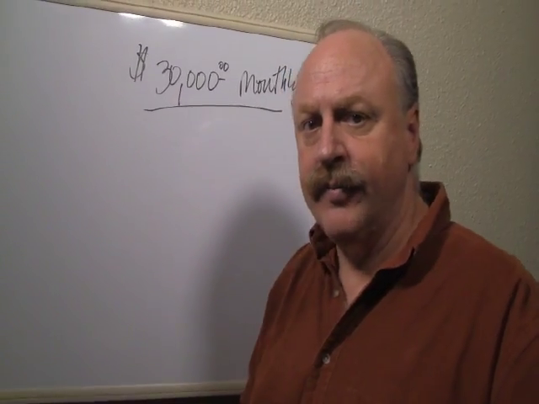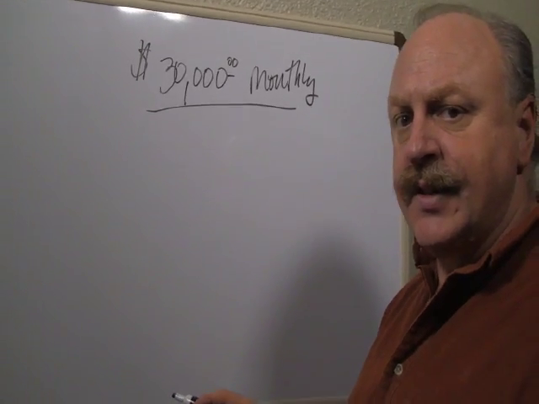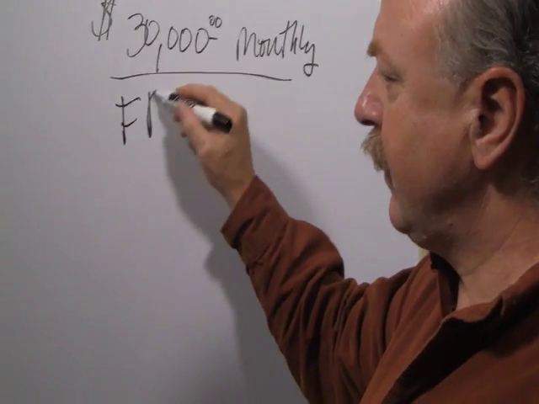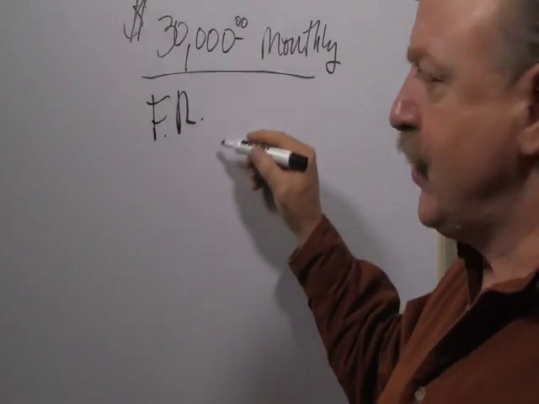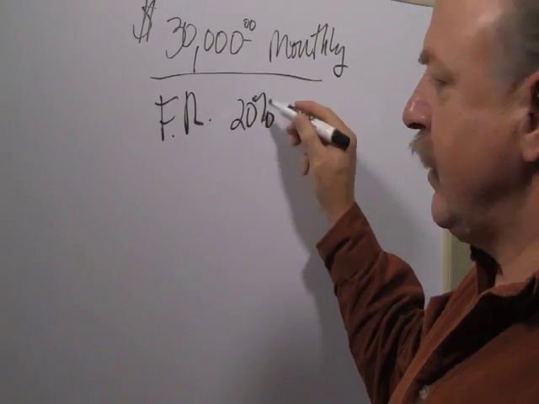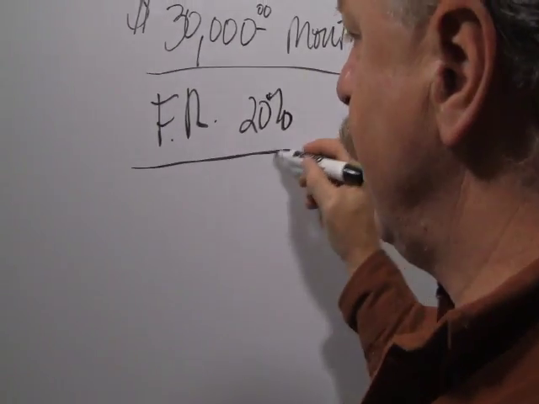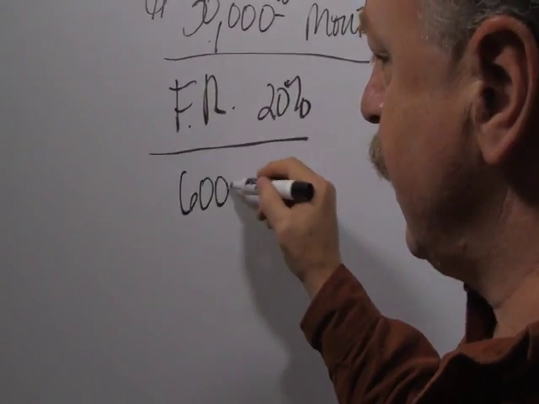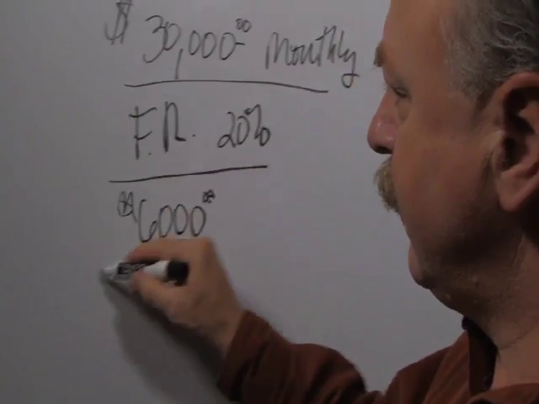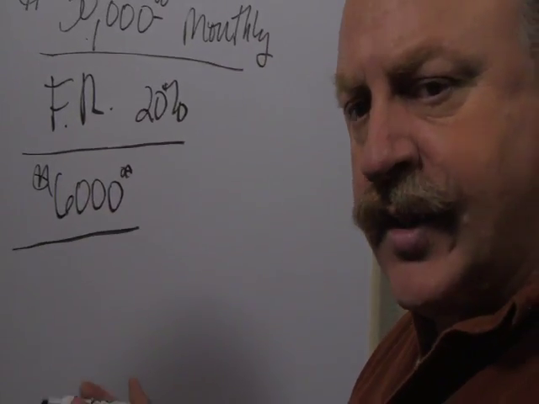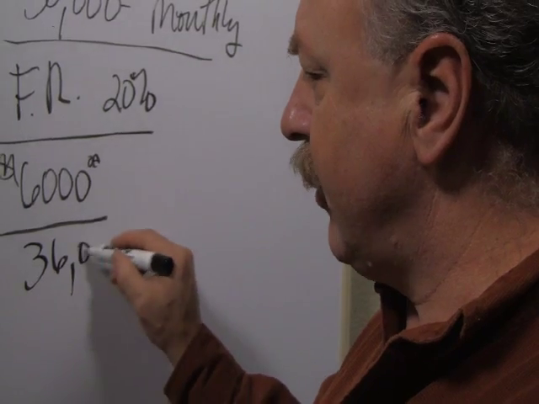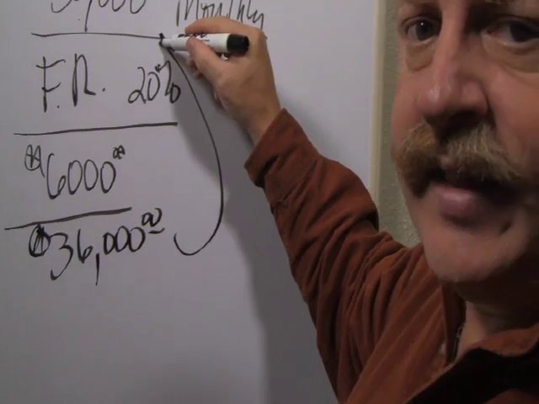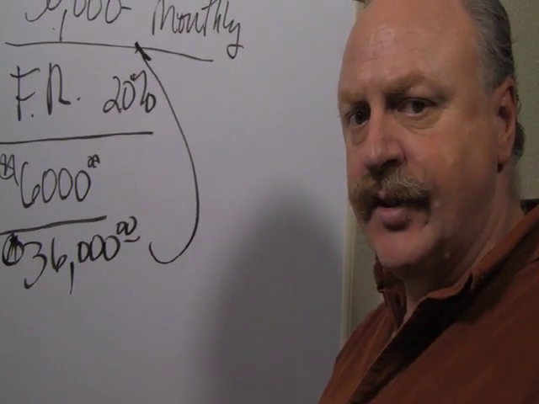This business is going to have a factor rate of 20%, and that's the cost of money. So 20% of 30,000 is $6,000. So they would owe us $36,000 once we lent them the $30,000.